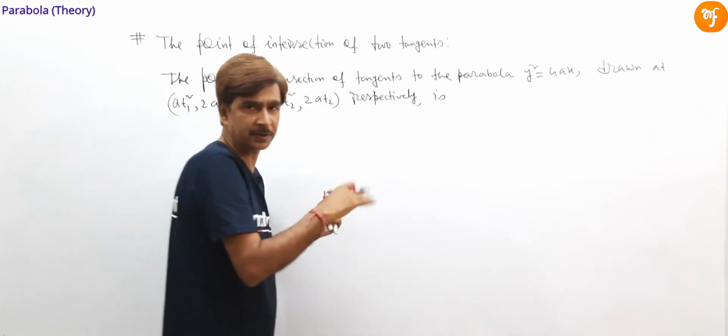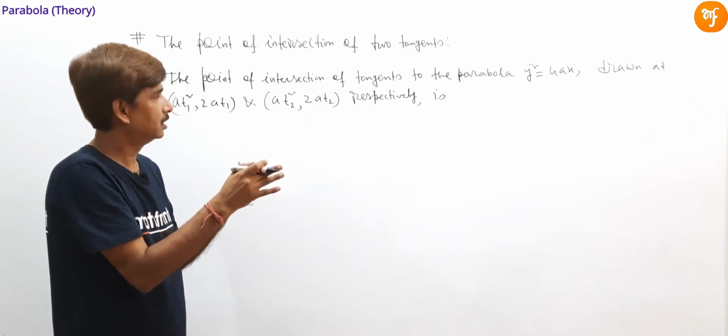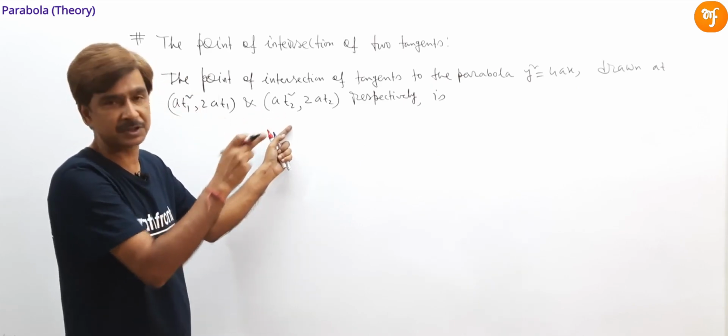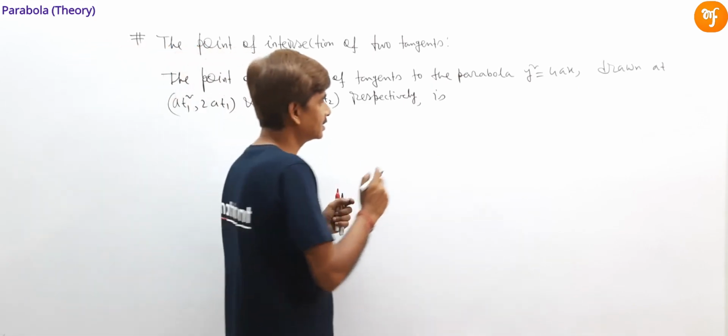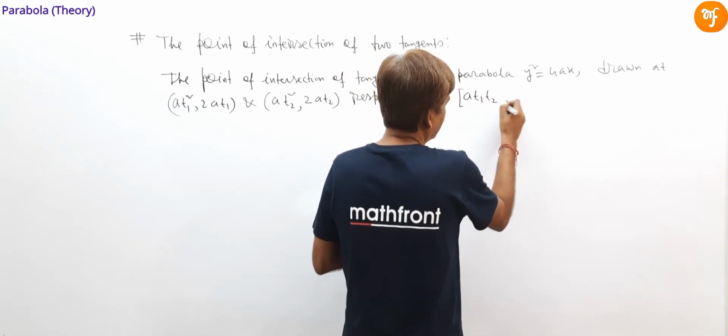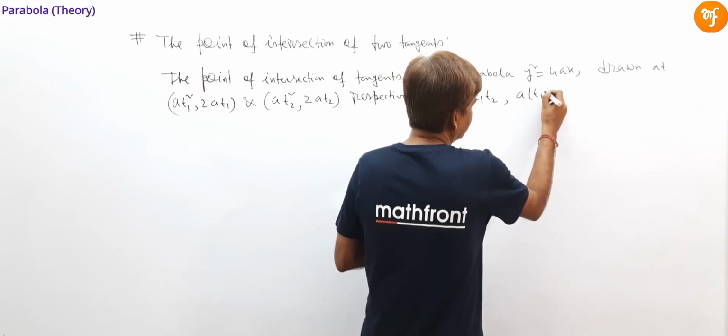So what will be the point of intersection of the tangents drawn at these two points to the parabola y square is equal to 4x? It is (at1t2, a into t1 plus t2).